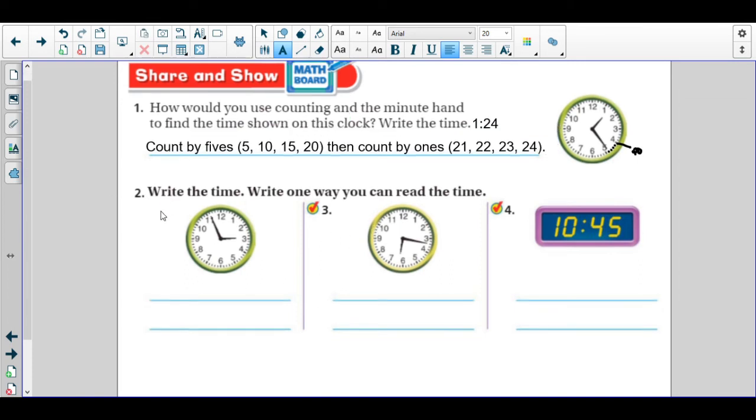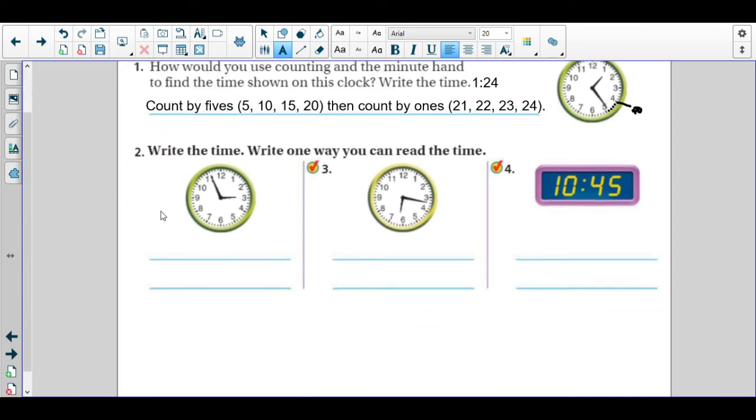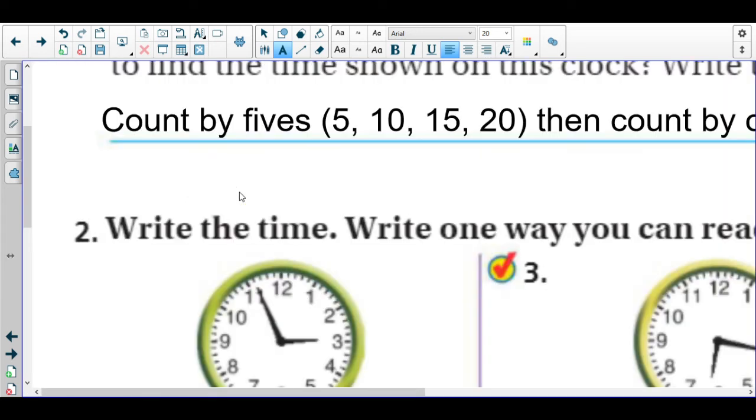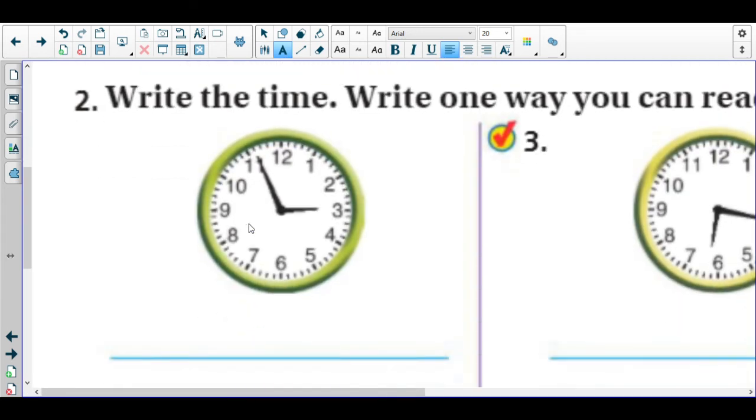Okay, write the time and write one way you could read the time. Let's zoom in here again. Get a really good look here. So write the time. Well, the hour hand, okay, it is between the 2 and the 3.